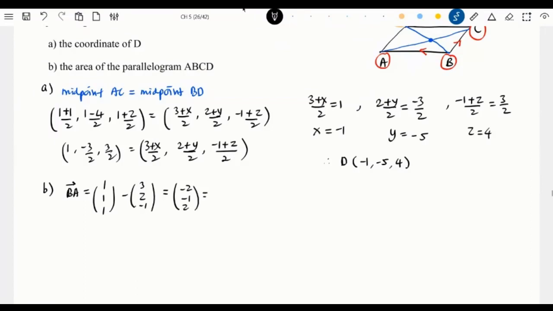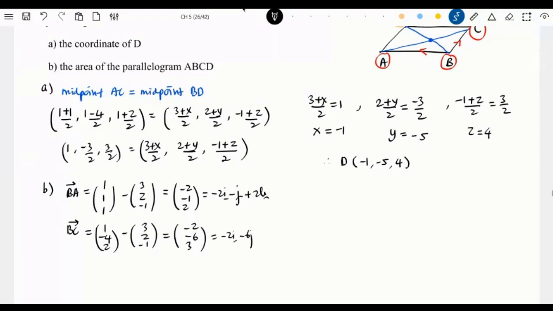Okay. So kalau kita tukar dia adalah negative 2i minus j plus 2k. Okay, for BC. So BC adalah 1, negative 4, 2 minus 3, 2, negative 1. So dia adalah negative 2, negative 6 and positive 3. So negative 2i minus 6j plus 3k.